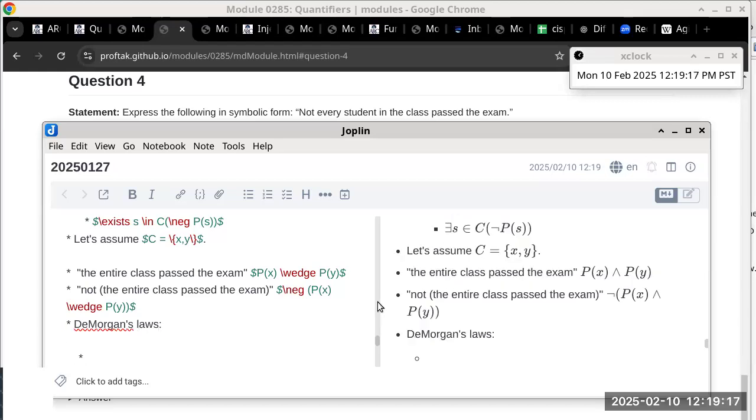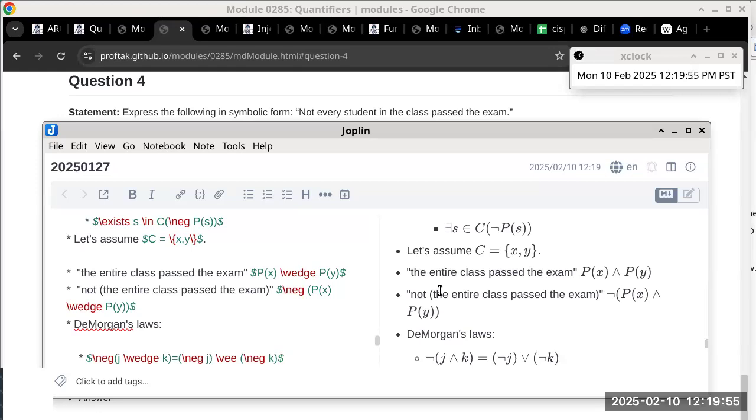The first part, which we'll look at again, says the negation of J and K, I cannot use x, y, a, b, we can use J and K, is the same thing as the negation of J or the negation of K. Okay, that's one part of De Morgan's law.